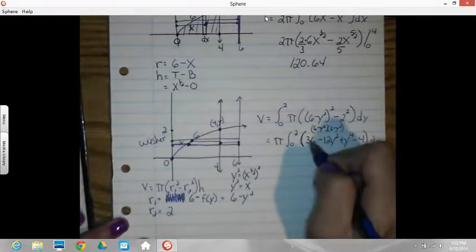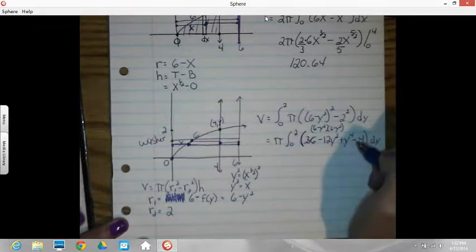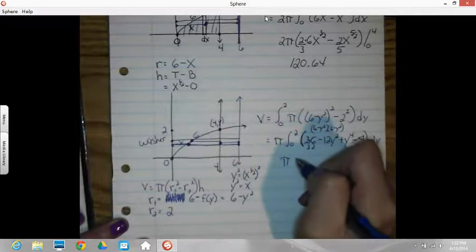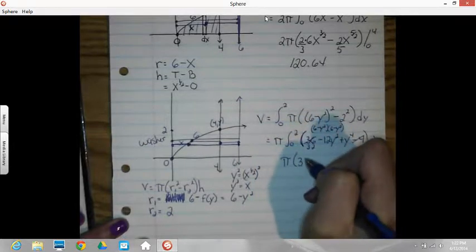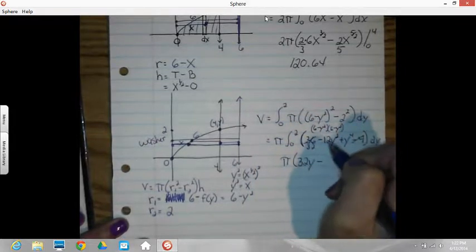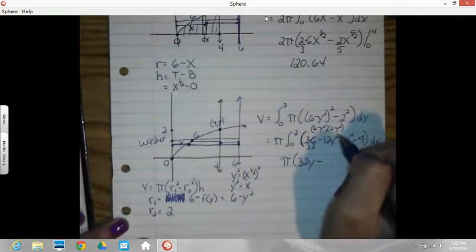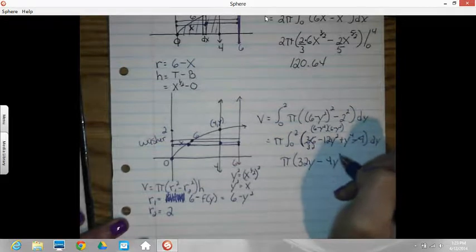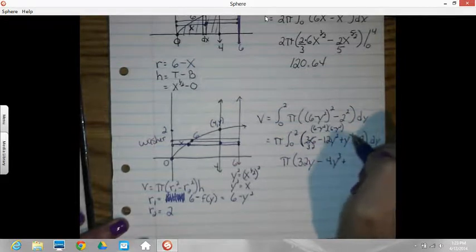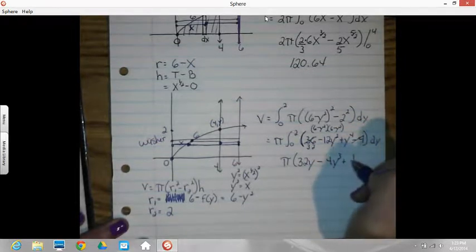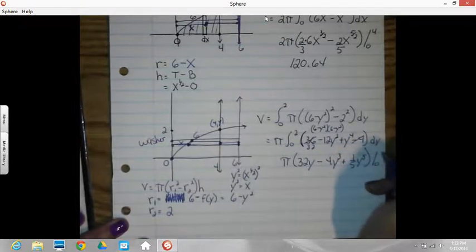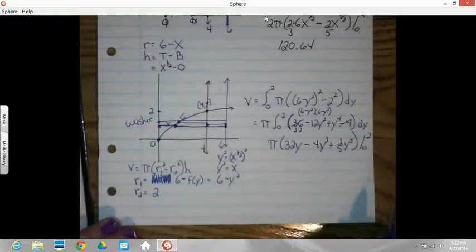Okay, 36 minus 4 is going to give me a 32. And now we're ready to integrate. So that'll be 32y. That'll be 12y cubed. Divide by 3, that's going to give me a 4y cubed. Plus y to the fifth times 1/5. And then go from 0 to 2. Okay.